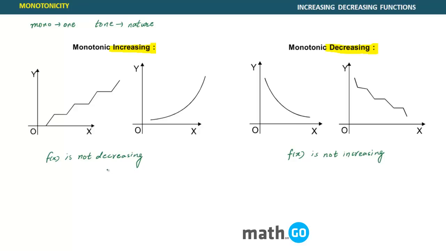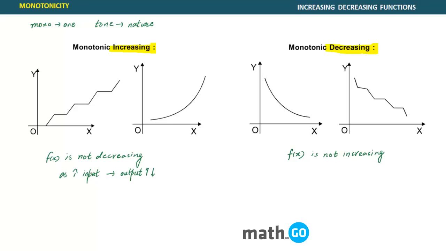So what do you mean by decreasing first of all? As you increase the input, what happens to the output is what we are interested in. What happens to your output when you increase the input, whether it increases or decreases, that is what is monotonically increasing and monotonically decreasing.